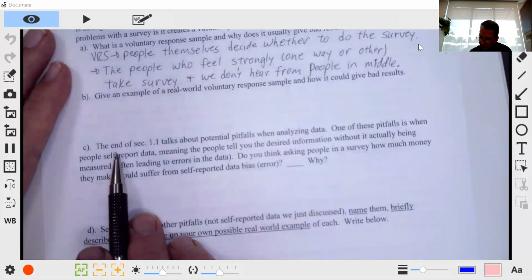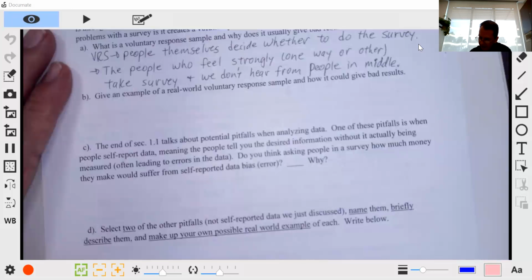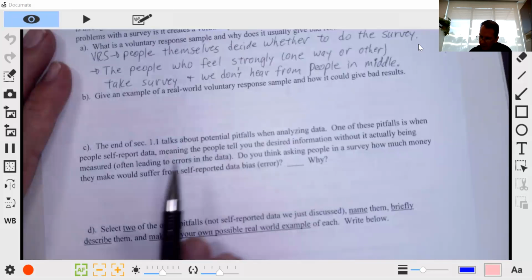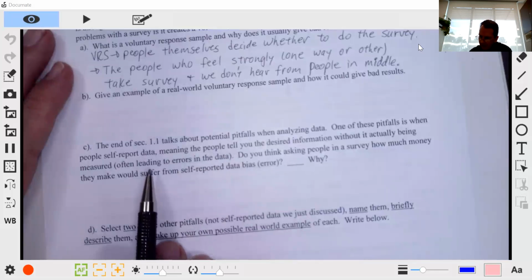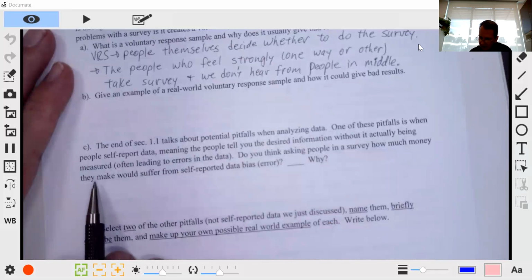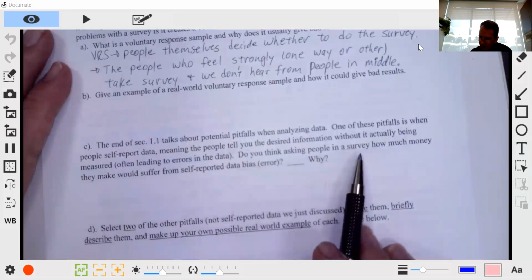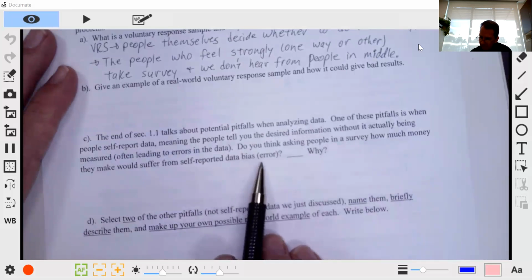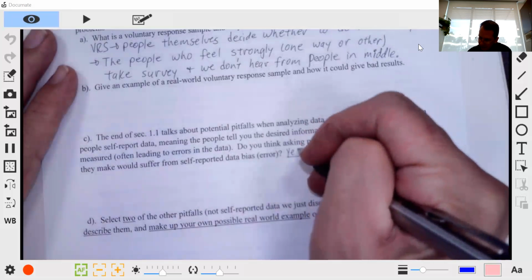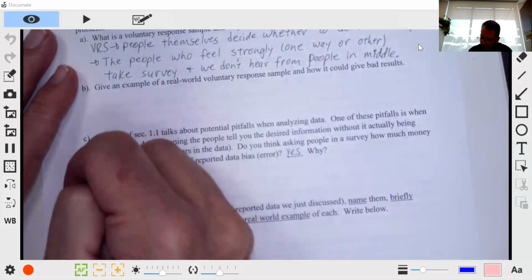We also talk about some other pitfalls when you're analyzing the data. One of the pitfalls is when people tell you or self-report the data without actually having it measured or verified. And this can lead to errors. So do you think that asking people in a survey how much money they would make suffer from self-reported data bias or error? In class, we said yes. Why?